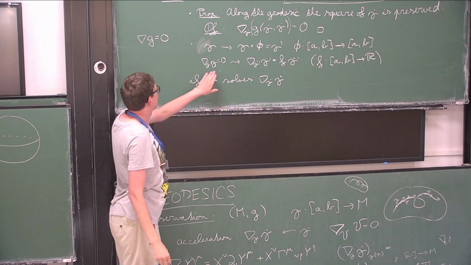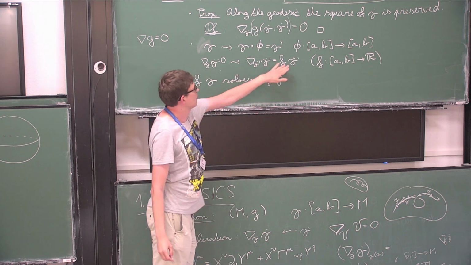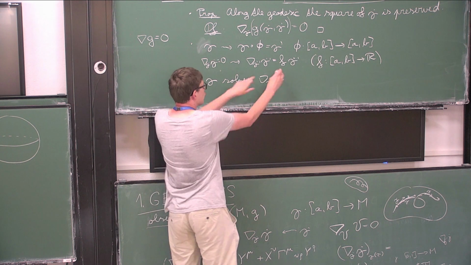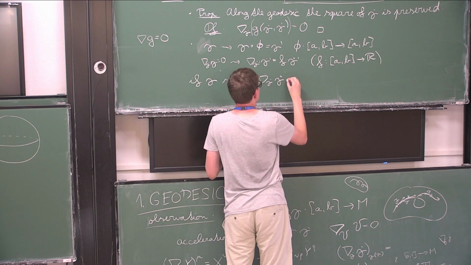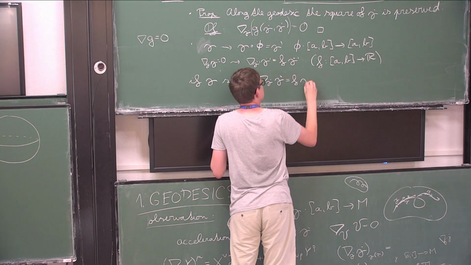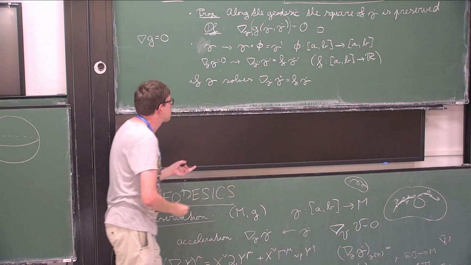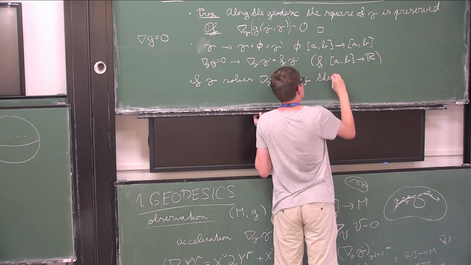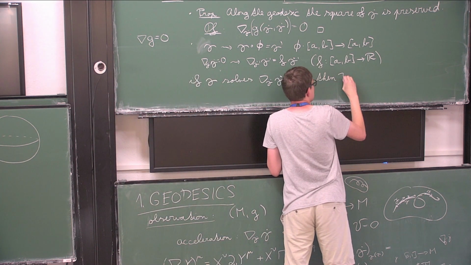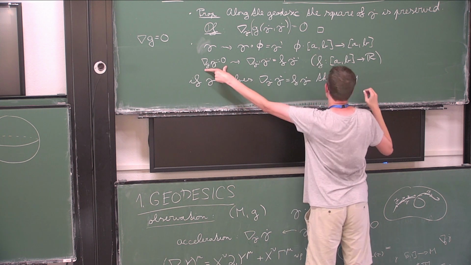For gamma, we have this, and for gamma prime, we have this nasty equation. So conversely, if you have a gamma which solves this thing, then the claim is that there exists a reparameterization such that it will look like this.